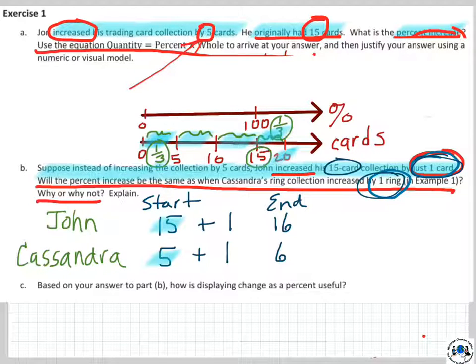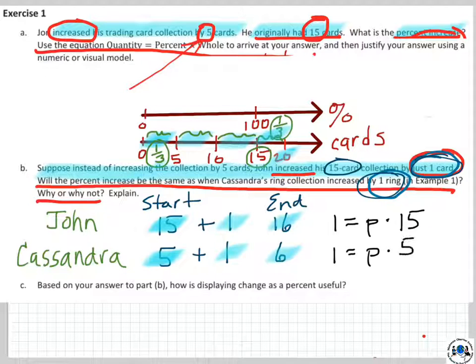Now look, John ends with 16. Cassandra ends with 6. Again, these are different numbers. They both added 1, but they started with different numbers and ended with different numbers. So if we look at John, his 1, what he added, is equal to p times 15, because it's the percentage times what he started with, the original amount.